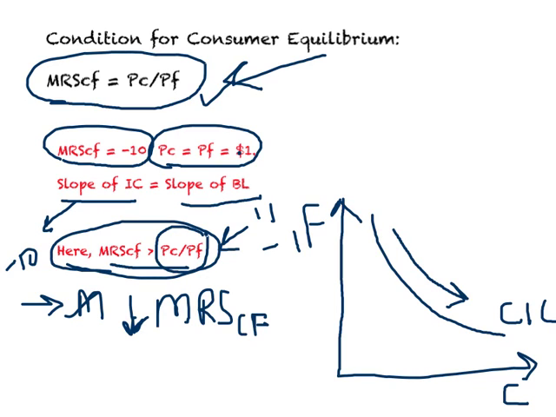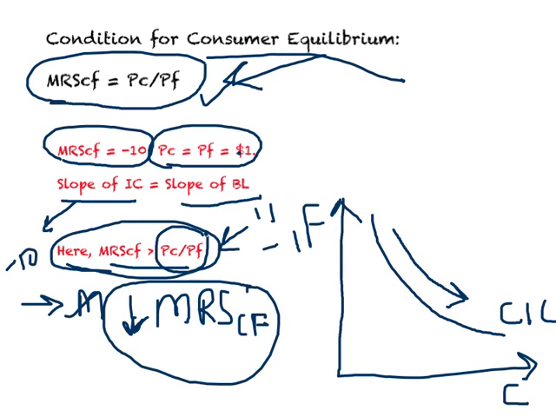And since we want the slope of the curve to diminish or to go on falling till we get an equality like this one, what we do is the following. So you go down this community indifference curve and go on doing it till you hit the equilibrium point.